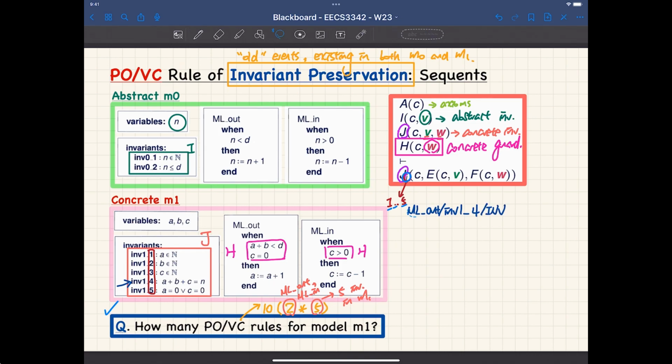So this is the first one. And the second one will be, let's say, ML in, and for a different invariant, let's say invariant 5. ML in, and then invariant 1, 5, and then for invariant preservation. Okay, so these are the 2.